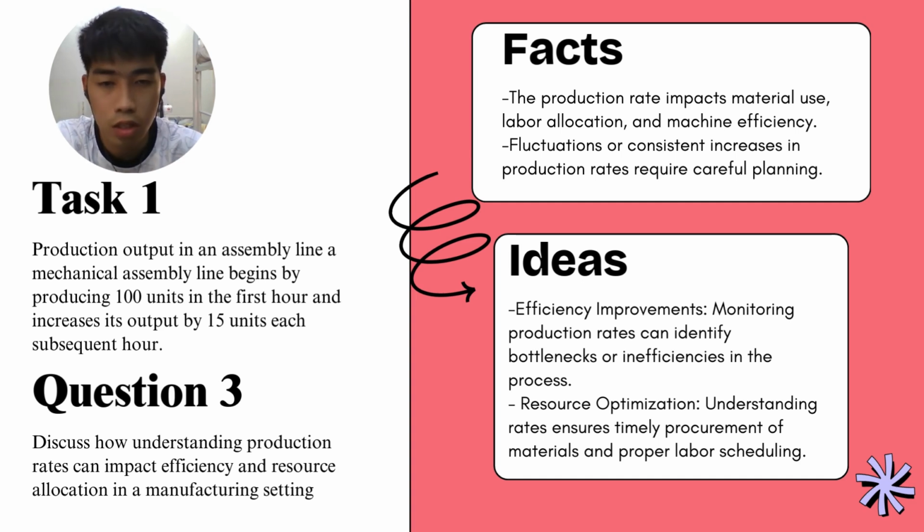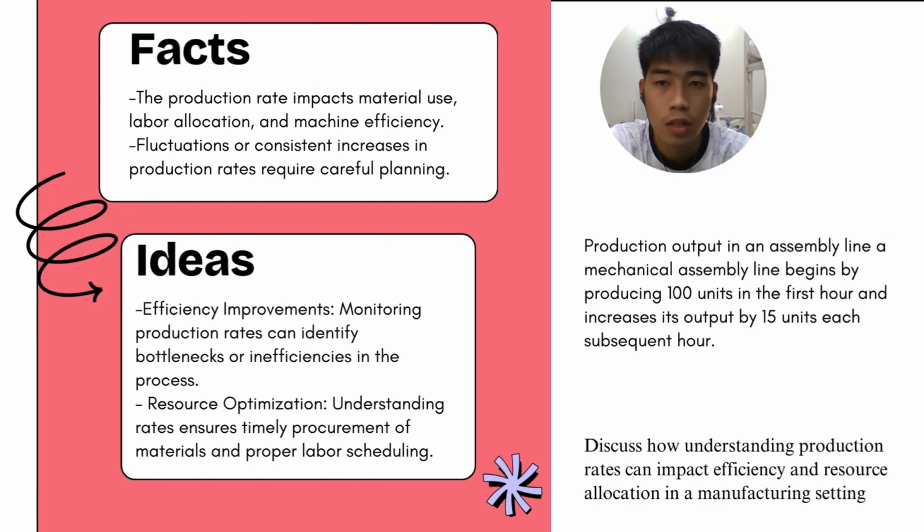This comes to the ideas, which is efficiency improvement. Monitoring production rates can identify bottlenecks or inefficiency in the process. Next will be resource optimization, which is understanding rates ensures timely procurement of material and proper labor scheduling.